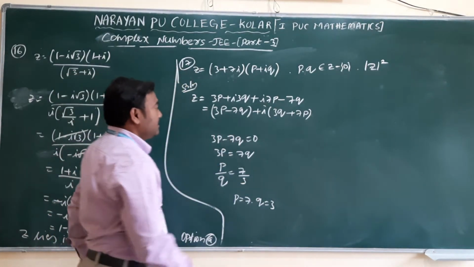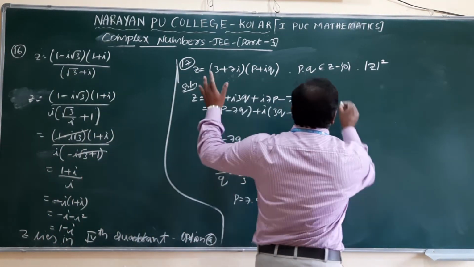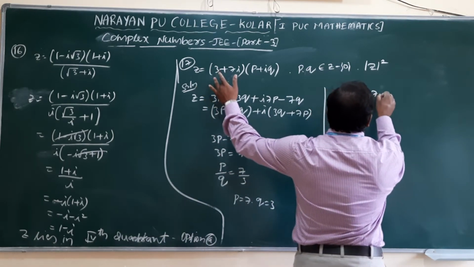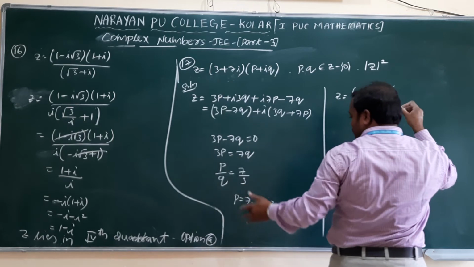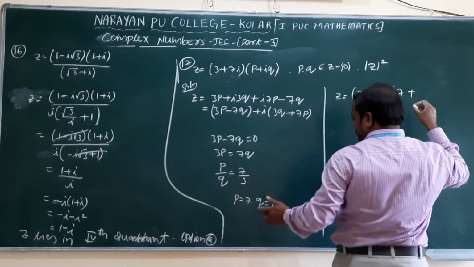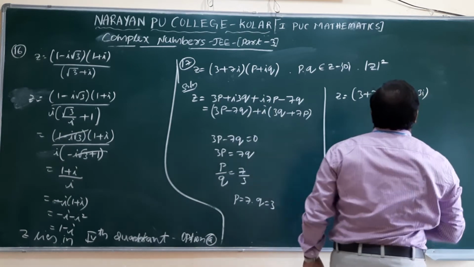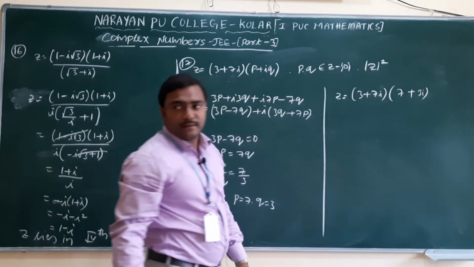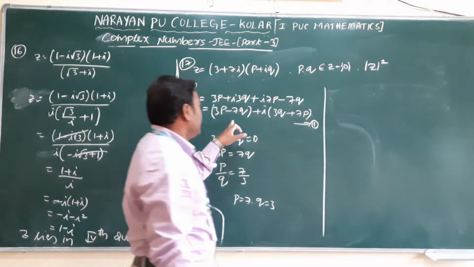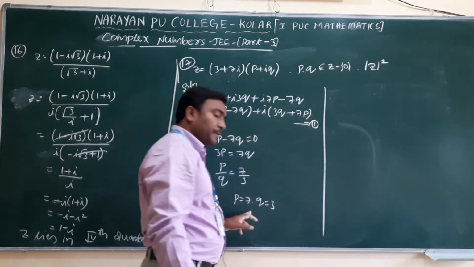Substitute the values of p and q in Z. What do you get? Z is equal to (3 plus 7i) into (7 plus 3i). So in equation number 1, substitute the values of p and q.